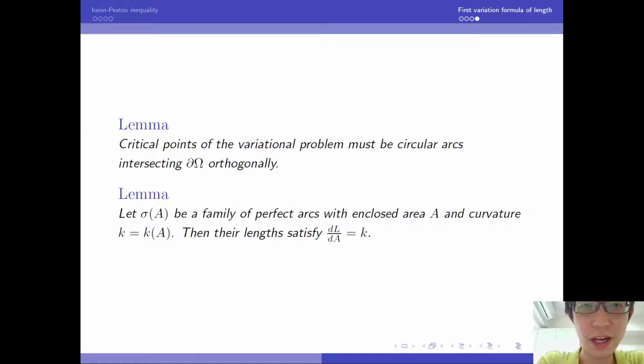The critical points of the variational problem must be circular arcs intersecting boundary omega orthogonally. And if I have a family of such arcs, then the derivative of the length with respect to the area must be the curvature of the arcs. Okay, so this ends my supplementary video.